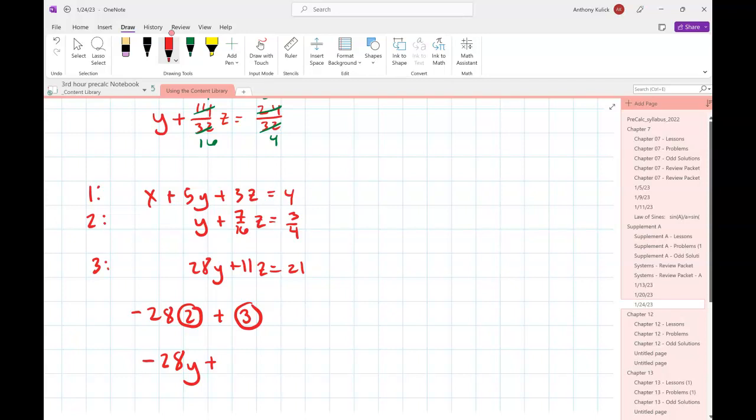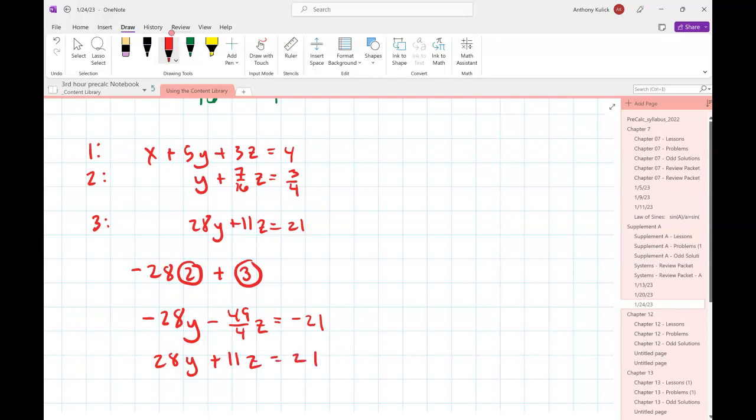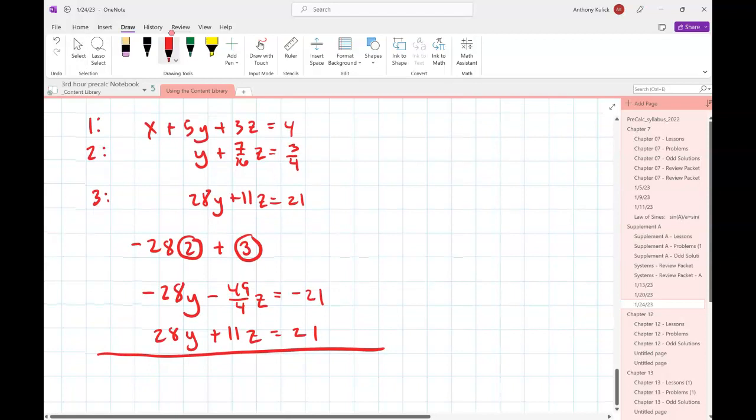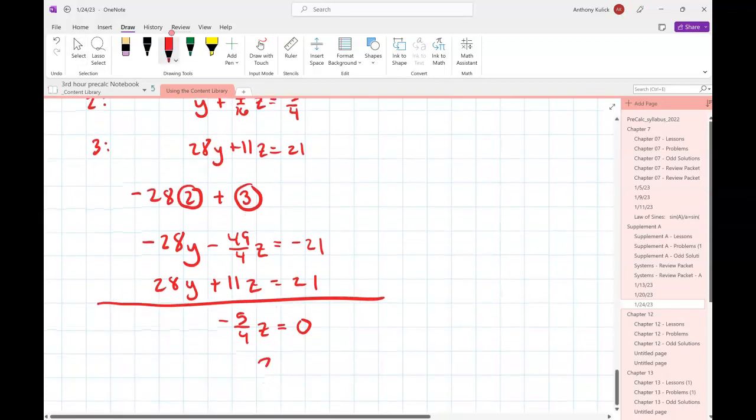So that's going to be 49 over 4. Oops, negative though. Equals negative 21. And then if I add that to equation 3, I get, this is 44 over 4, so that's going to be negative 5 over 4 z equals 0. Or just z equals 0.